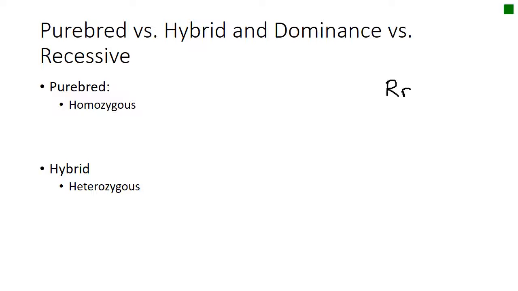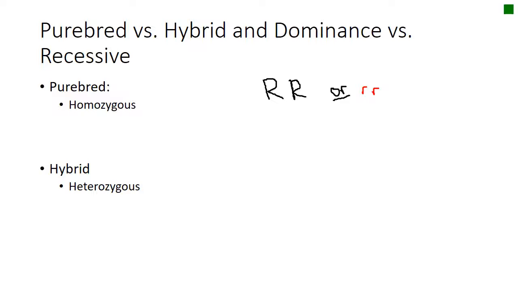But a purebred organism would have, let's say, for round, this one, so two dominant traits, or two recessive traits, and those are purebreds.